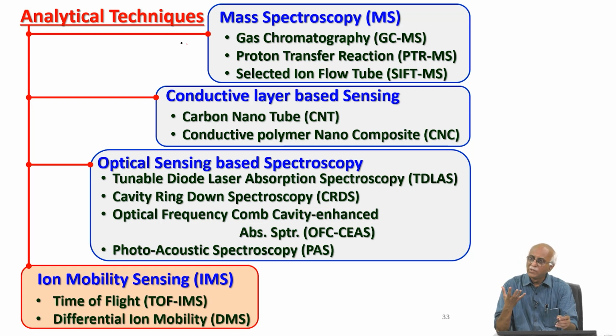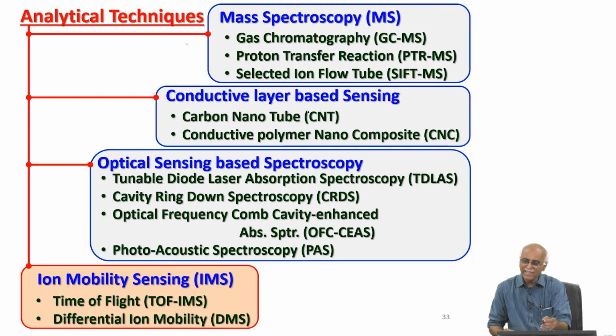There are some selective semiconductor based sensors. As soon as the gas molecules are adsorbed on the surface, due to the reduction and oxidation reactions taking place between the gas molecules and the semiconductor material, the characteristic of the material changes, and that indirectly indicates the presence of the gas.